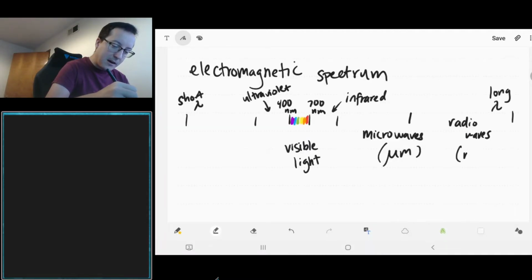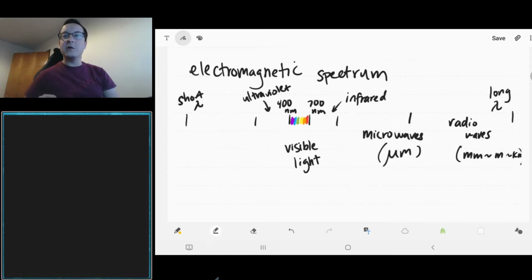Those are going to be millimeters to meters to kilometers. So yeah, you can have wavelengths that are kilometers long. If you were to do a 5K or something, you would hit 5 wavelengths. That's a really long light wave, right?